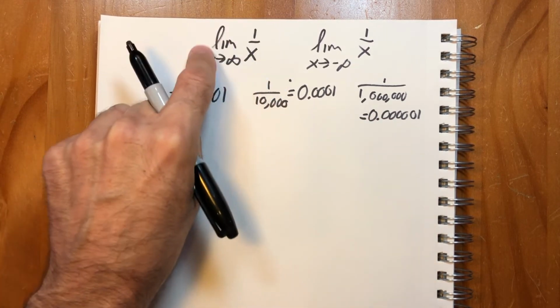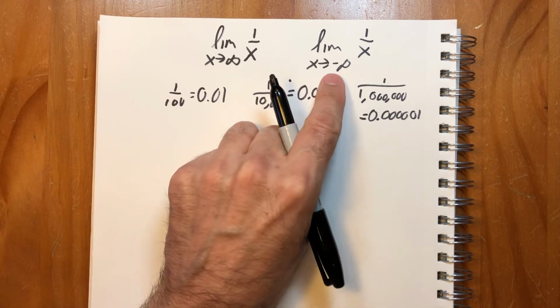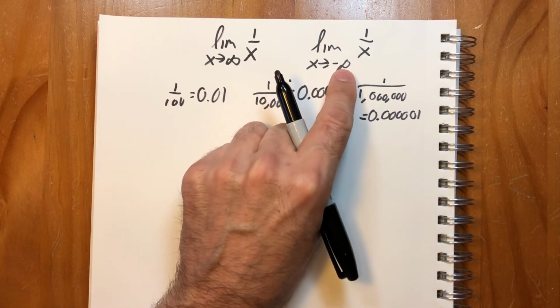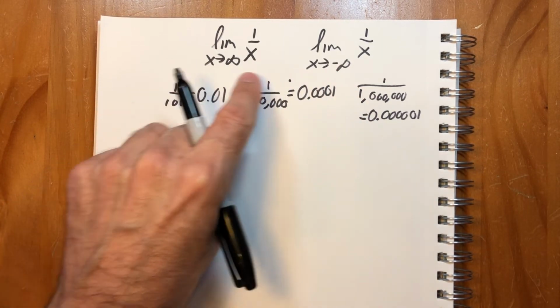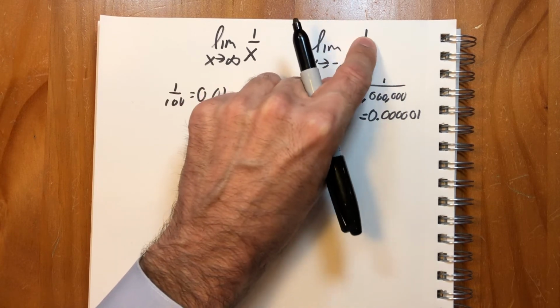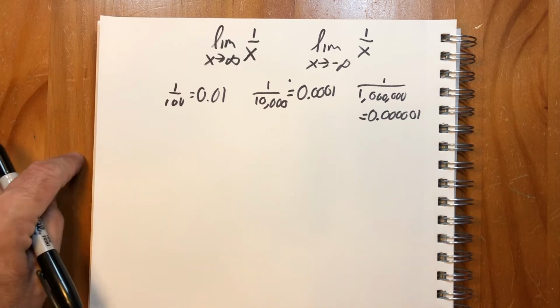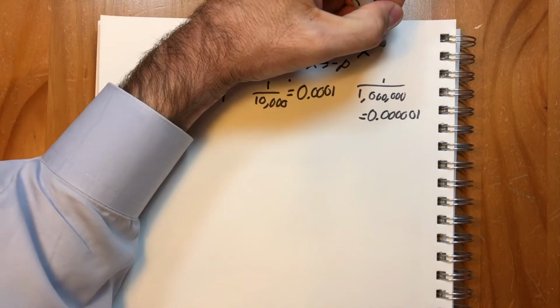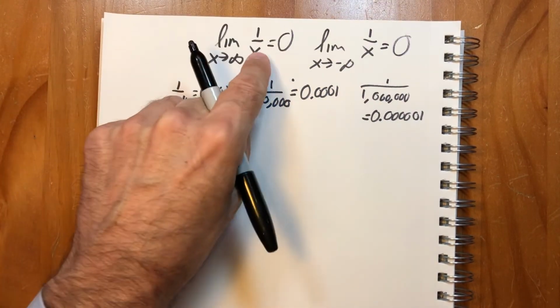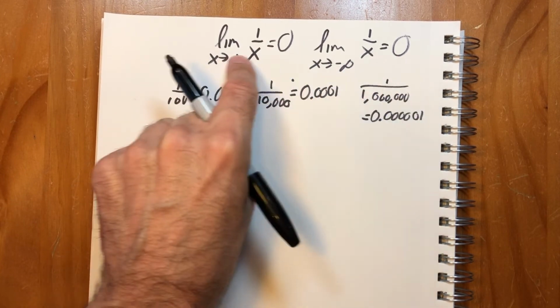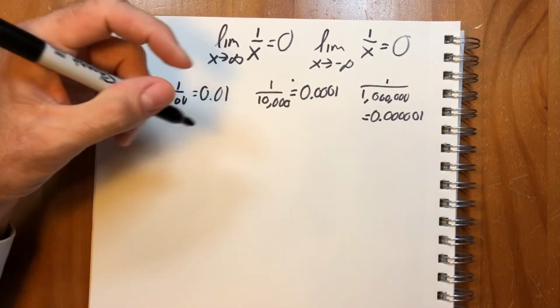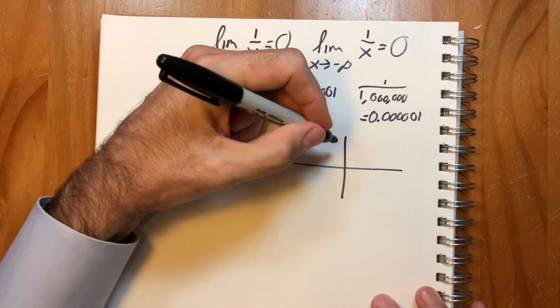That's true as x approaches infinity, and it's also true as x approaches minus infinity, because even though as x gets larger negative, this function is negative, it's still getting closer and closer to 0 as you go out. So this equals 0 and this equals 0. So the x-axis, y equals 0, is a horizontal asymptote of this function, and it is, of course, the hyperbola.